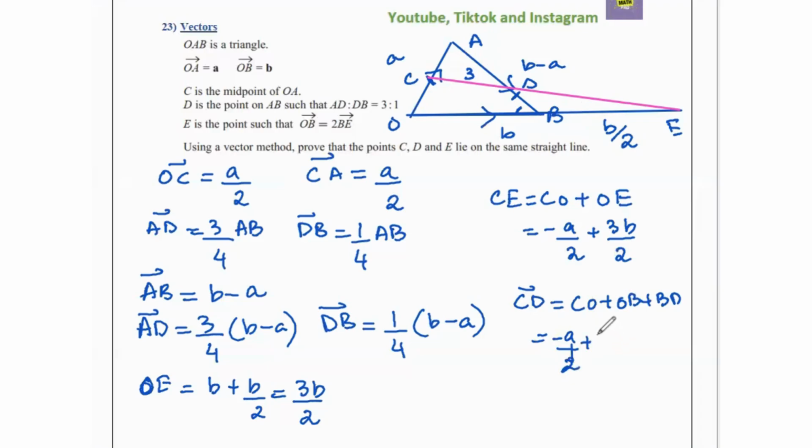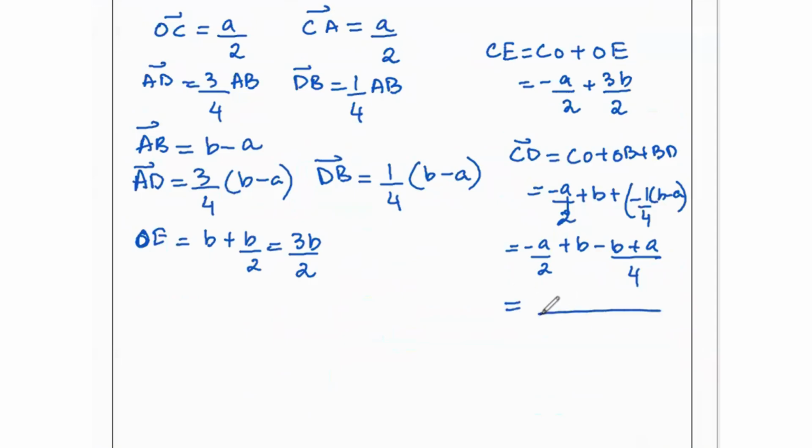OB is B and BD is going to be negative 1 over 4 times B minus A. So that's negative A over 2 plus B minus B plus A over 4. That simplifies to 1 over 4 times negative 2A plus 4B minus B plus A.